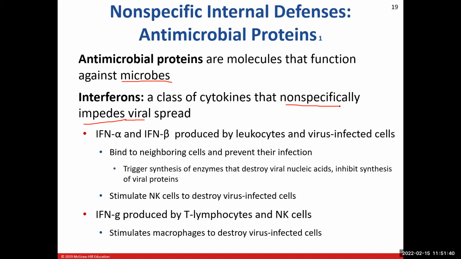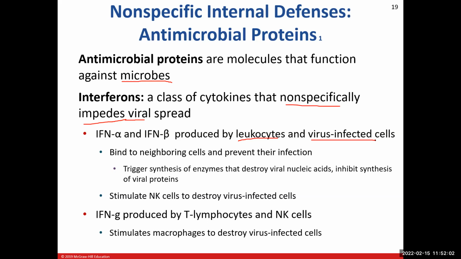So the alpha and beta interferons are going to be produced by two things: the white blood cells and the cells that were infected by the virus. I think that's pretty considerate of this cell to do that.